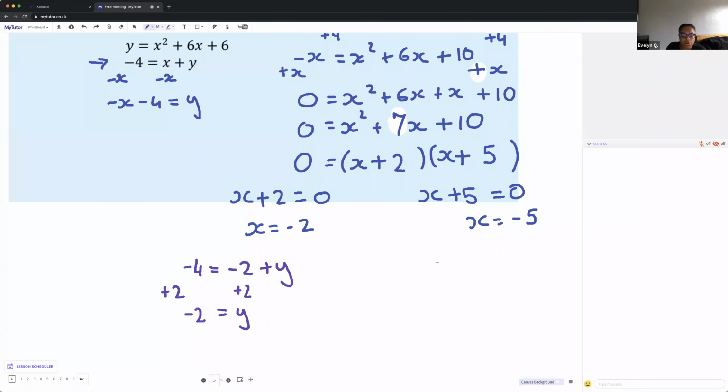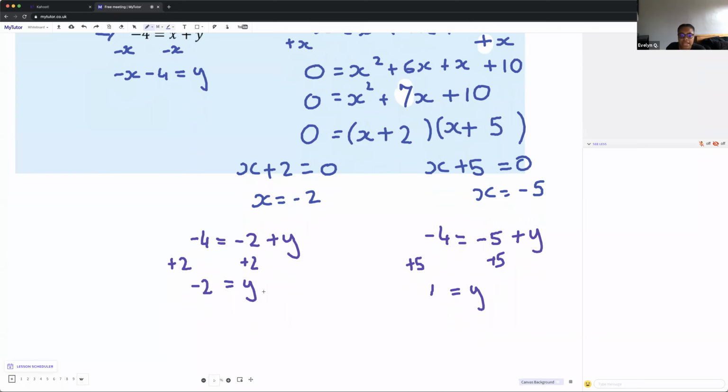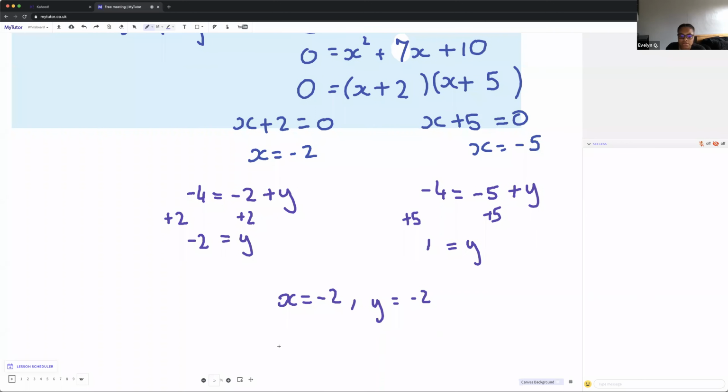And on the right hand side, if I use that same equation, minus 4 equals x plus y. Well, in this case, x is minus 5. I'm going to add 5 onto both sides. So I've got 1, because 5 minus 4 is 1, equals y. So the way you'd write it is x equals minus 2, y equals minus 2, and x equals minus 5, y equals 1.